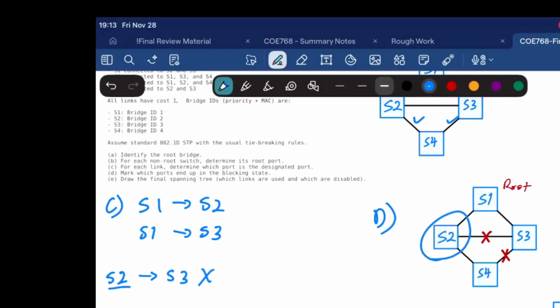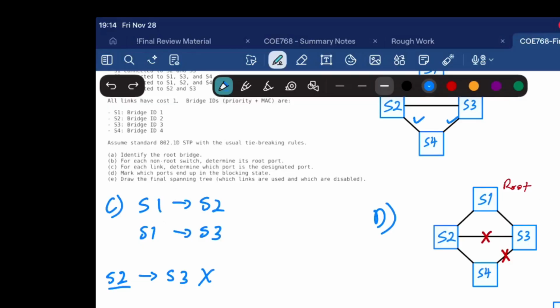Since S2 does have a lower MAC address, we would set S4's designated port, which would be S2, in its on state, and we would set the S4 and S3 trunk port in its off state. So this was just a temporary decision, and then you would elaborate a little more to determine whether or not the port will actually be in its blocking state. That was a correction on my part, my bad.